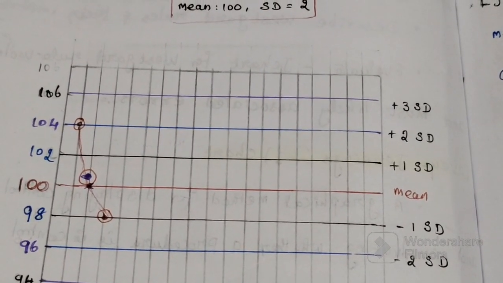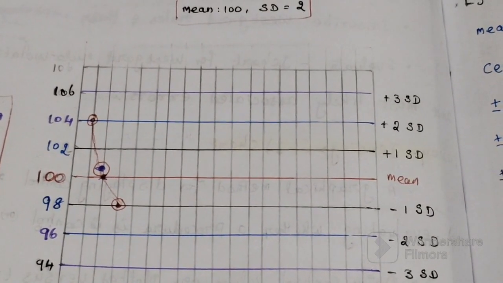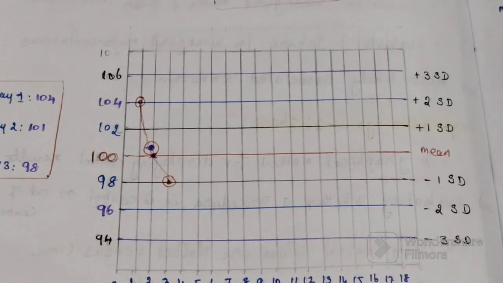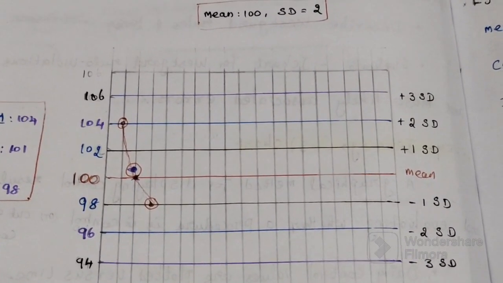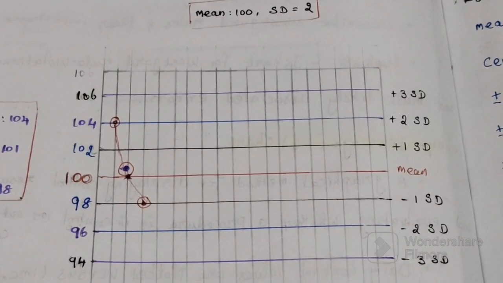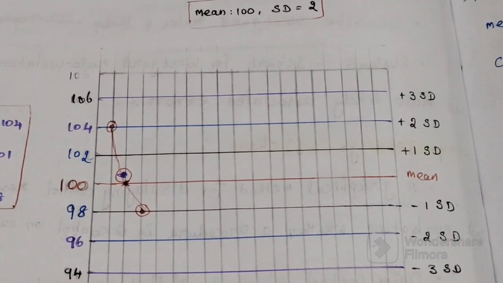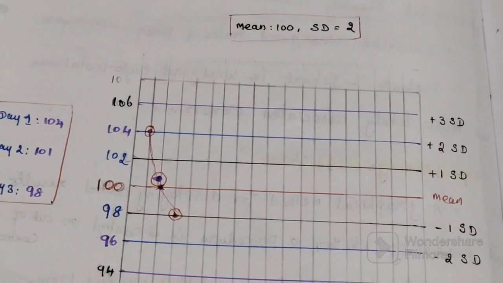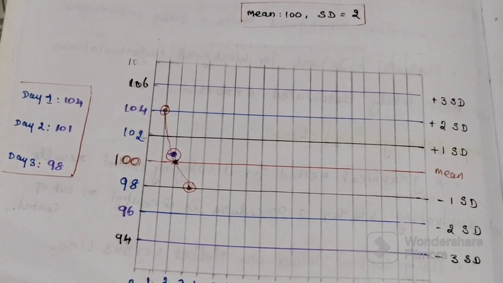This LJ chart is used to plot the result of the control value that we process every day before analyzing our patient samples. If the control value falls within the specified range, we plot it on the LJ chart, and we say whether our result is within control or out of control.